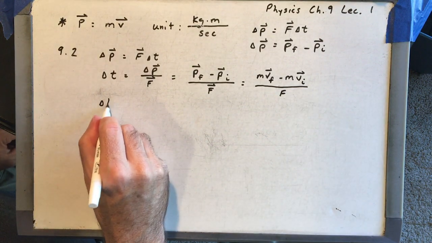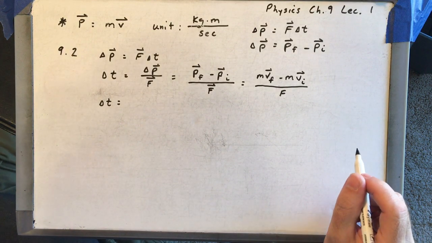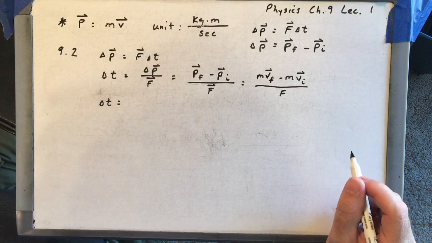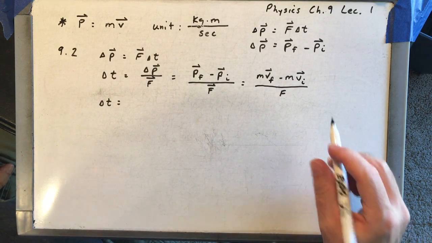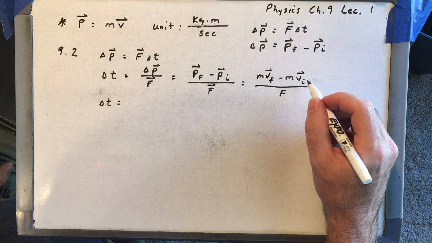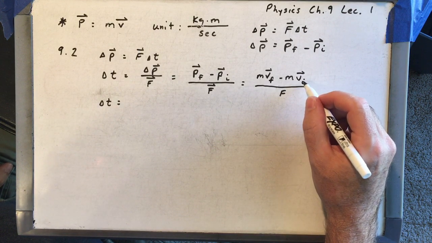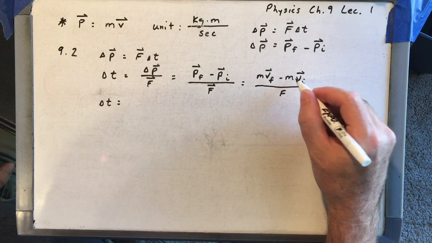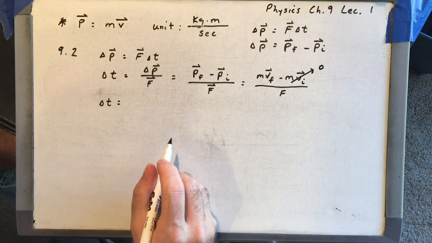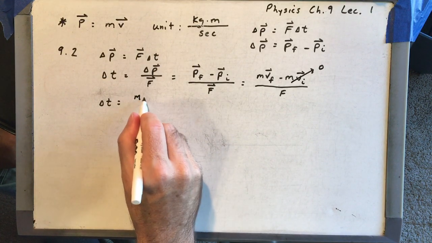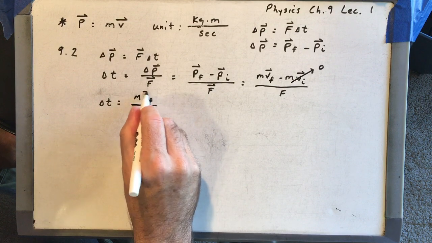Okay, so now we can plug our numbers in. The final velocity is, we're going to have a final velocity, but do we have an initial velocity? Well, the baseball is just sitting in the pitching machine, so we don't have an initial velocity. So it's going to be mass times final velocity over the force.